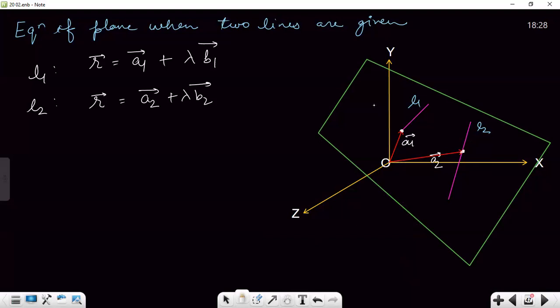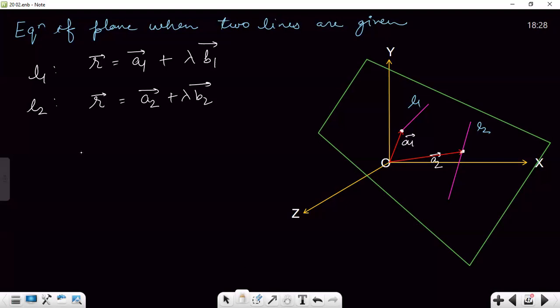Okay, good enough. Now, we also know that b1 vector will be parallel to L1, and b2 vector will also be parallel to L2.